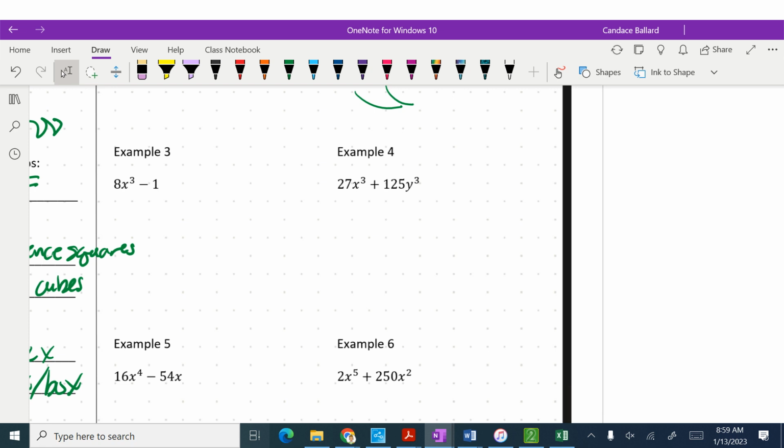So everybody try 3 and 4. Give you like 30 more seconds.